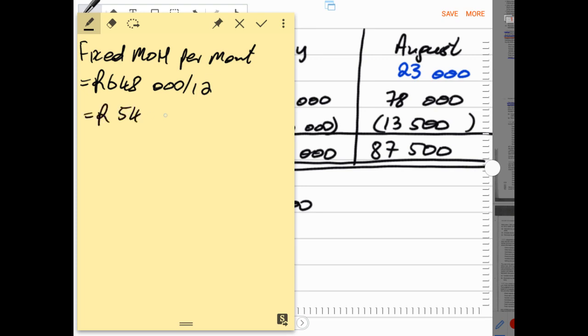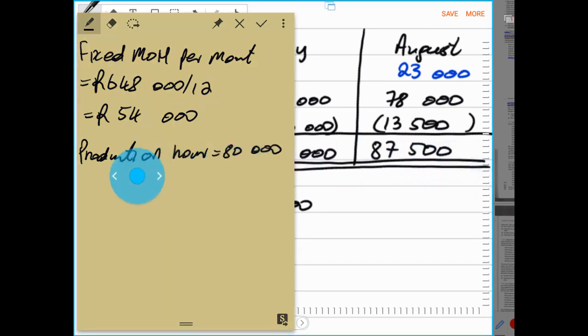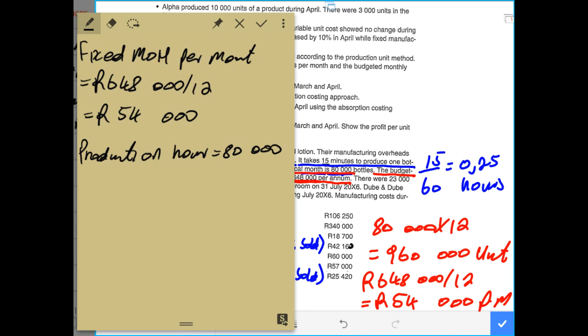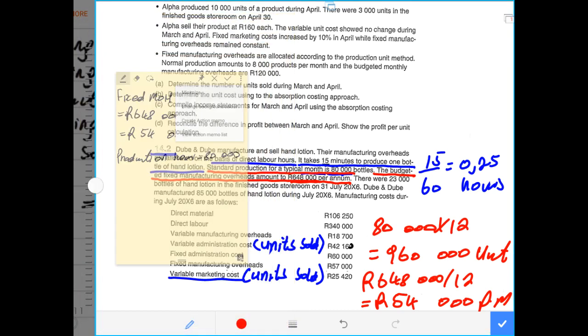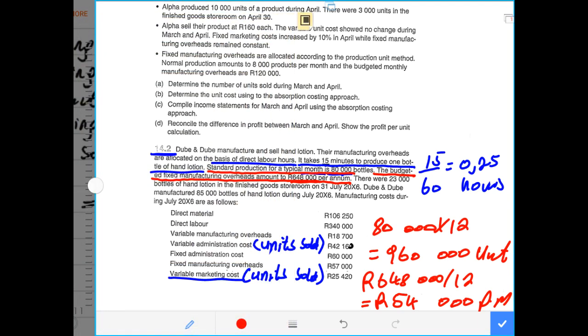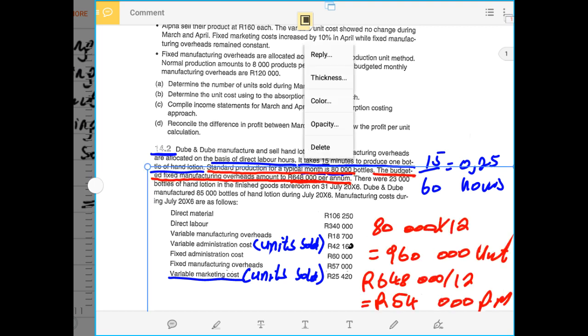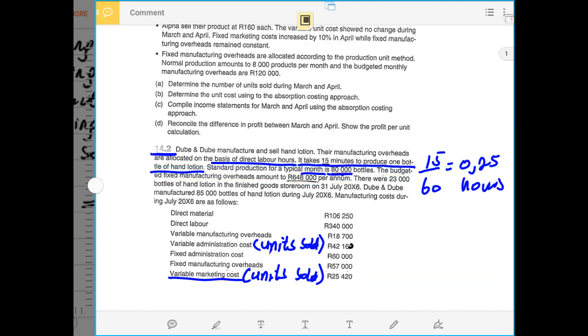And we have standard production hours, based on 80,000 units, because we are told that the standard production is 80,000 units per month.